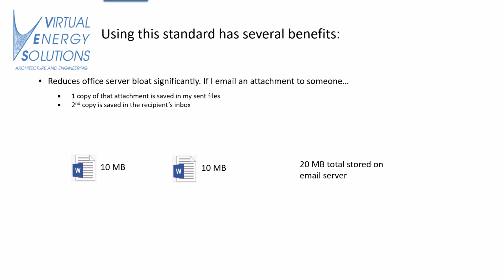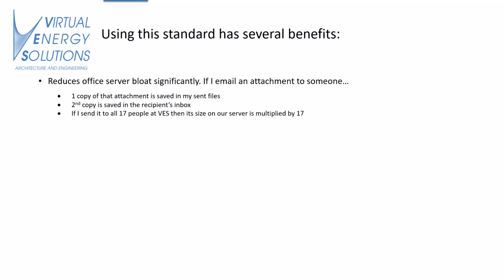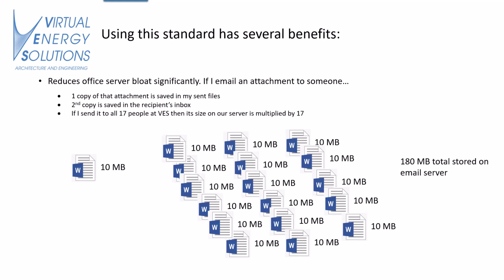This gets increasingly more bloated if I send it to all 17 people of VES. So now the size is multiplied by 17. The one copy that stays in my sent items, and then the 10 copies, assuming nobody deletes their emails, 10 megabytes in every folder for every recipient for 180 megabytes stored on the email server.